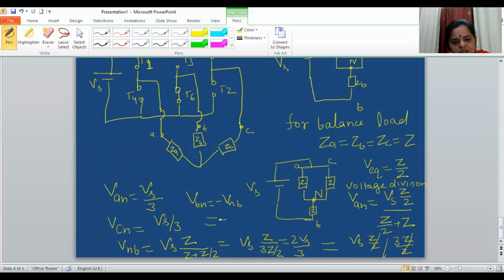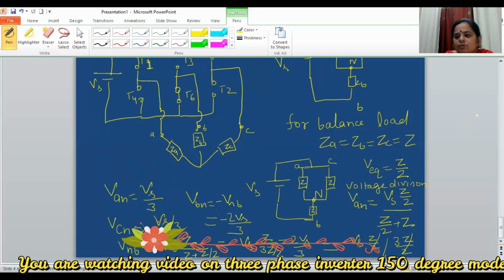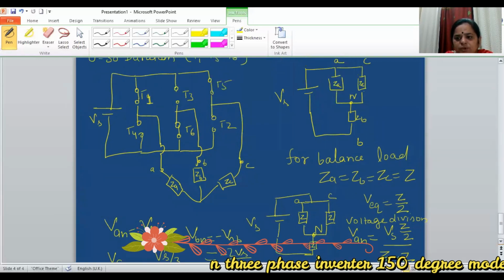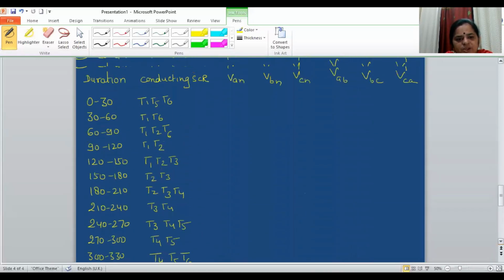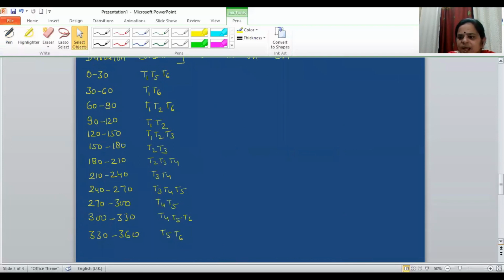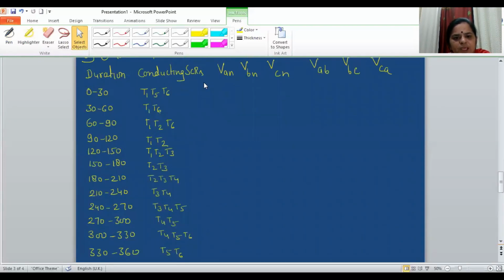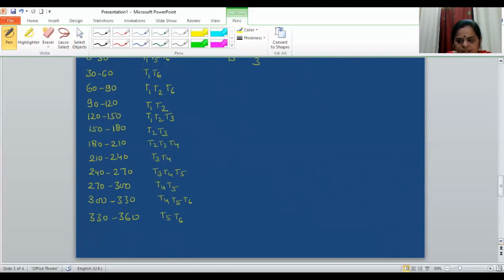So VBN is equal to minus 2 Vs by 3. So VAN is Vs by 3, VBN is minus 2 Vs by 3. So let us write VAN. What is VAN? VAN is Vs by 3, VBN is minus 2 Vs by 3, and VCN is Vs by 3. So this is how we calculate it for 0 to 30 degrees.